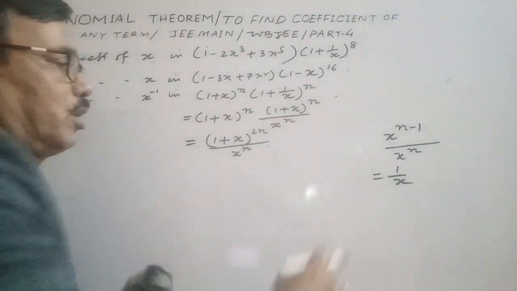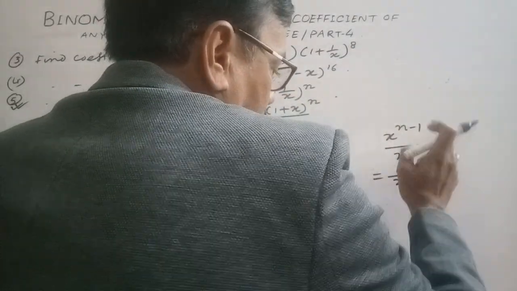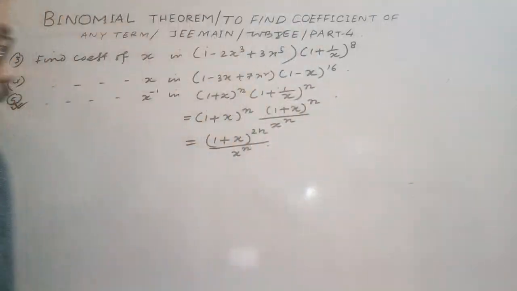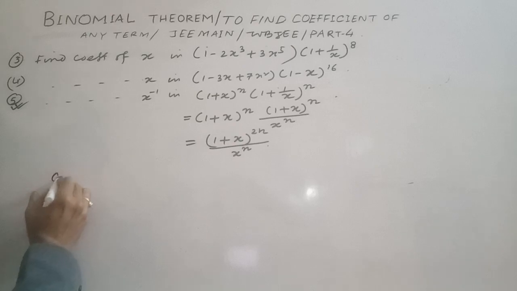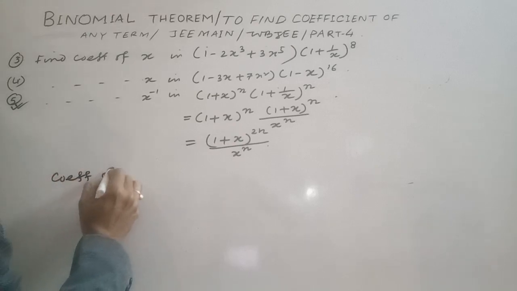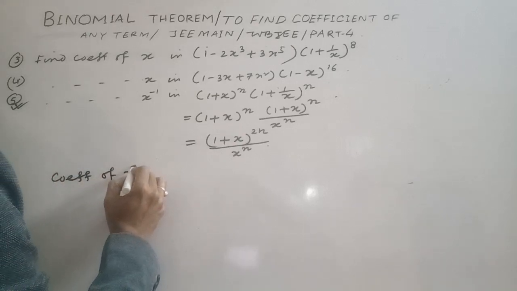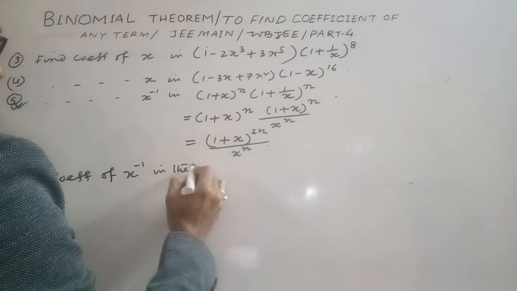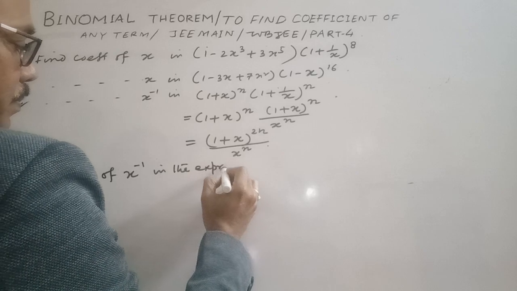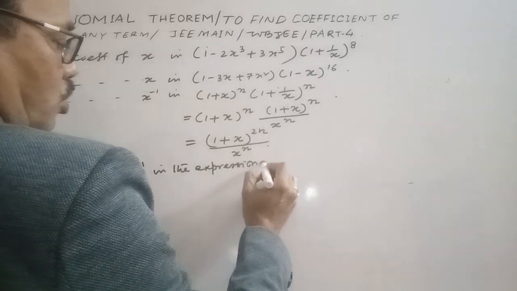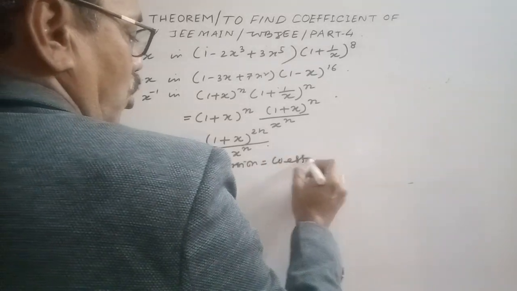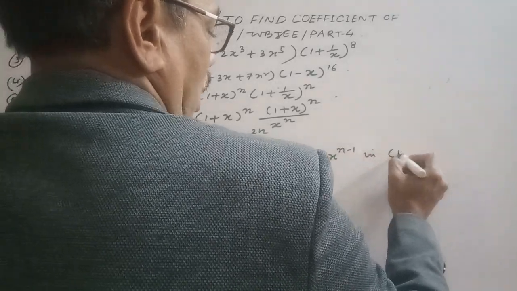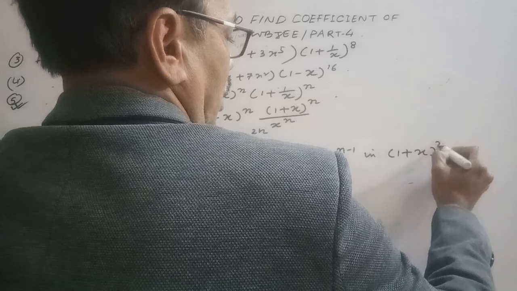Because, look, x to the power n minus 1 by x to the power n equals 1 by x. So, coefficient of x to the power minus 1 in the expression equals coefficient of x to the power n minus 1 in 1 plus x whole to the power 2n.